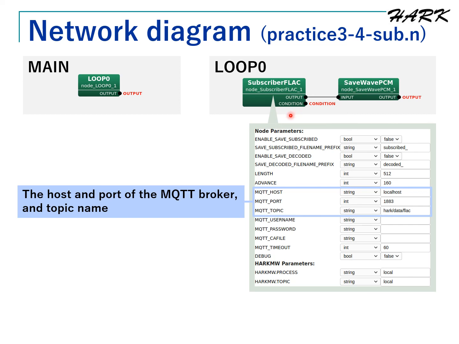In this node, the host name and port of the MQTT broker must be specified, the same as on the previous page. And this SaveWavePCM node outputs the received audio signal into waveform files.